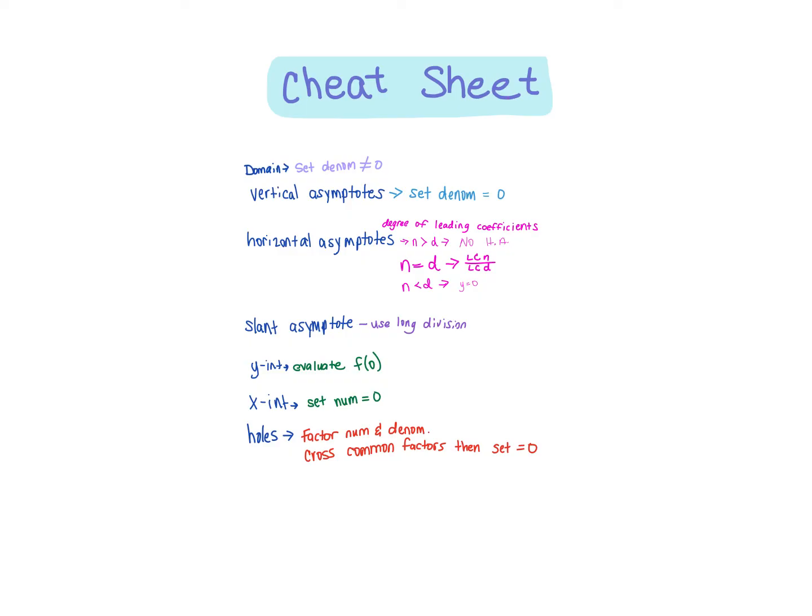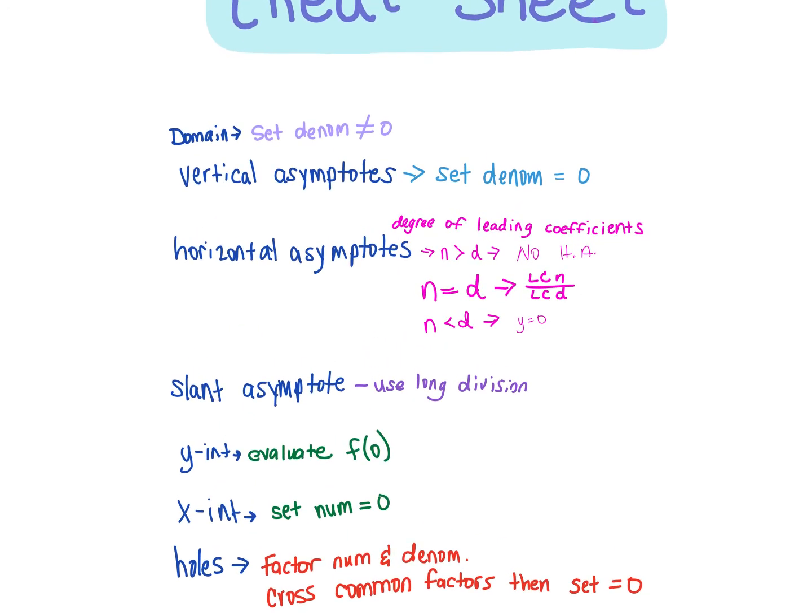On this last slide, it's a cheat sheet. To find the domain, you set the denominator not equal to 0. To find the vertical asymptotes, you set the denominator equal to 0. Remember, vertical asymptotes are always x equals. Horizontal asymptotes, you look at the degree of the leading coefficients.